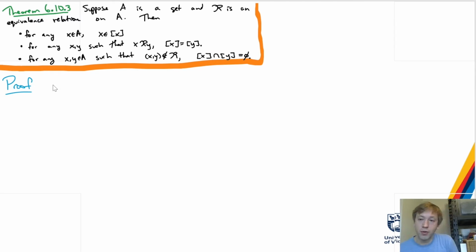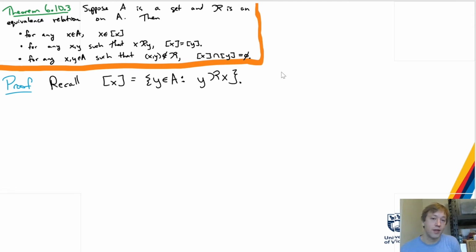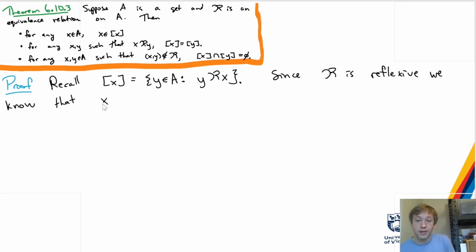So for the first bullet point, recall that the equivalence class of x is equal to the set of all y in A such that y is related to x under the relation R. Now, since R is reflexive, we know that x is related to itself.